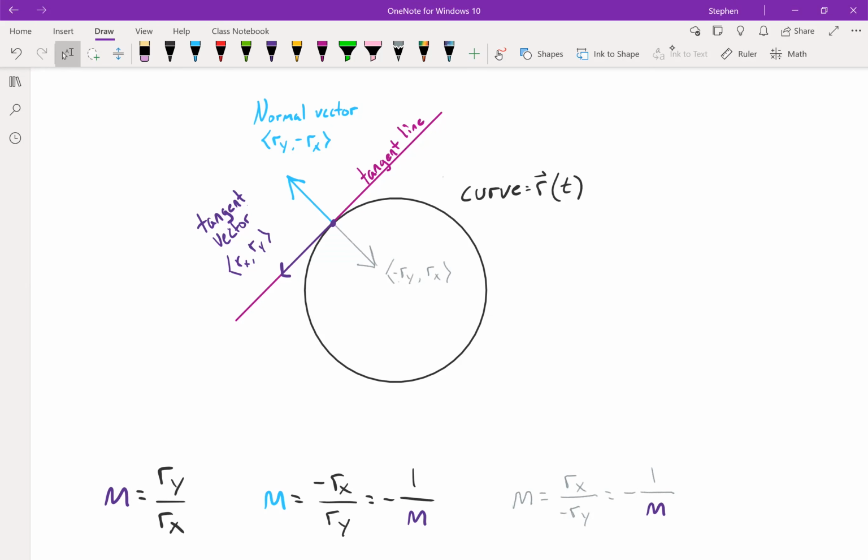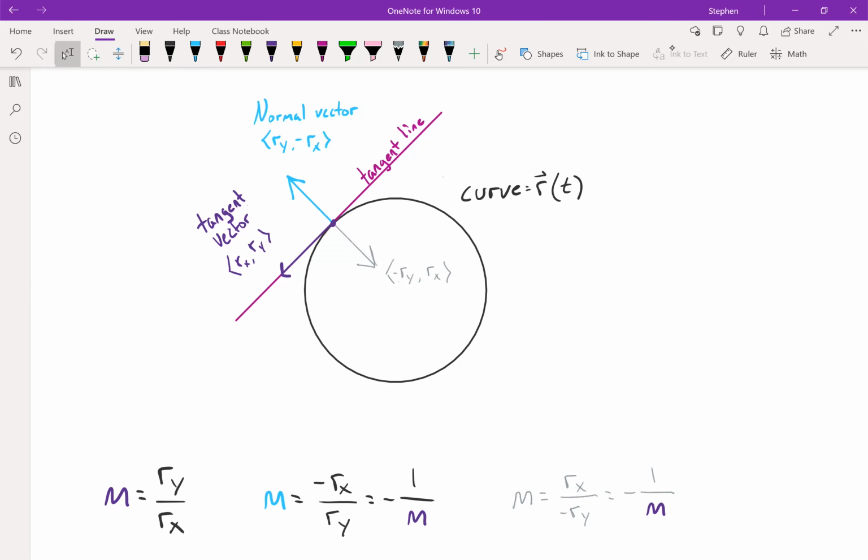And we can look at the calculation for the slope of the gray line and see that it comes out much the same. We still end up getting negative 1 over purple m. So 1 over the slope of the tangent vector. So it doesn't actually matter for comparing a perpendicular slope whether that negative gets attached to the numerator or the denominator, but it will matter when we're determining orientation.